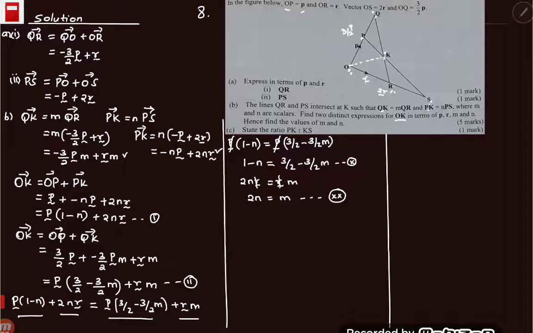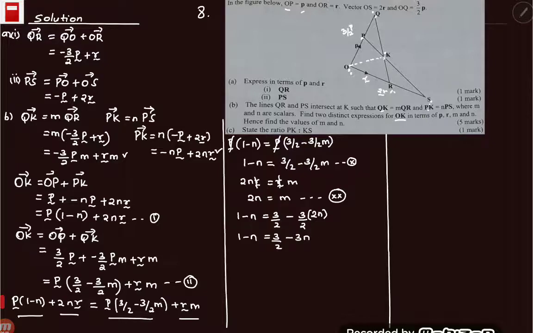So substituting that in equation star, we have 1 minus N is equal to 3/2 minus 3/2 times, instead of M, we write 2N. So this is 1 minus N being equal to 3/2 minus 3N.